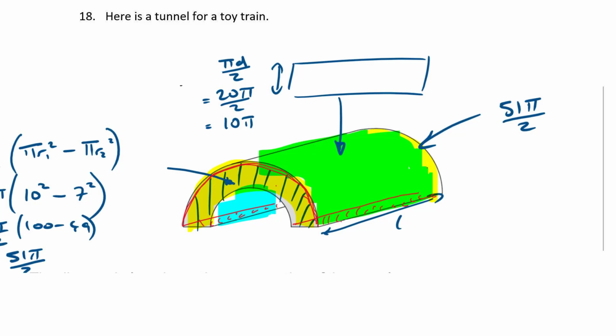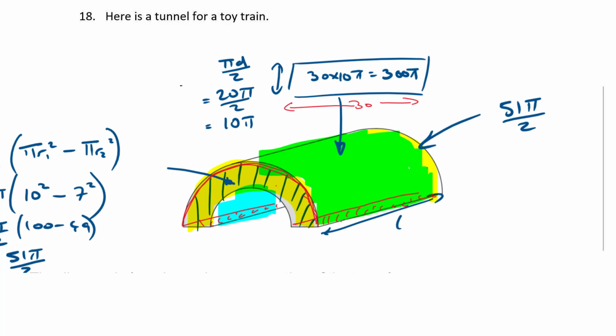So from here to here is 30, and from there to there is 10 pi. So then the area of that bit is going to be 30 times 10 pi, which is going to be 300 pi. Okay, so the green part is 300 pi.